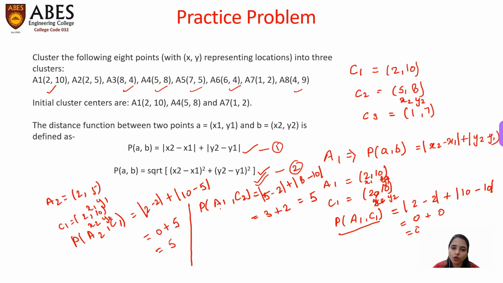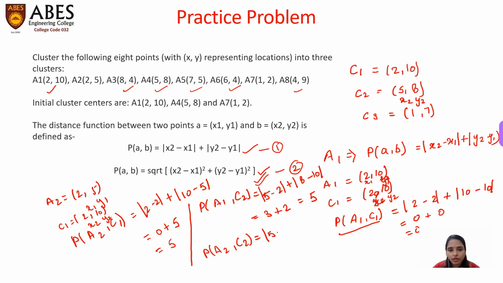So the distance from data point A1 to the center of cluster 2 is 5. Now we will calculate for the next data point, A2. For C2, in A2, x1, y1 are 2, 5 and our x2, y2 are 5, 8.